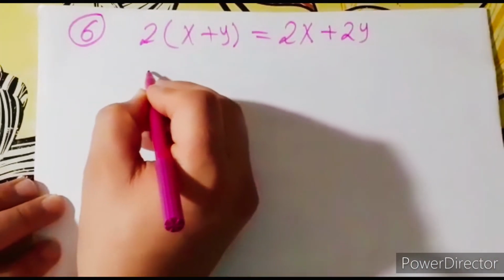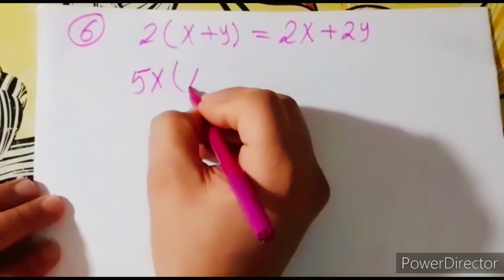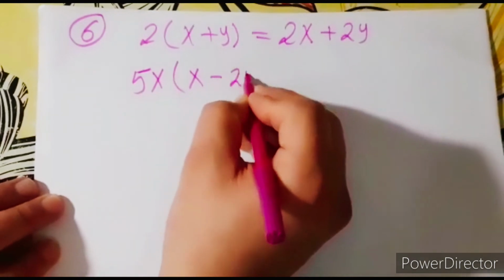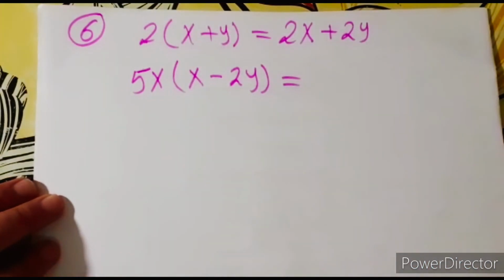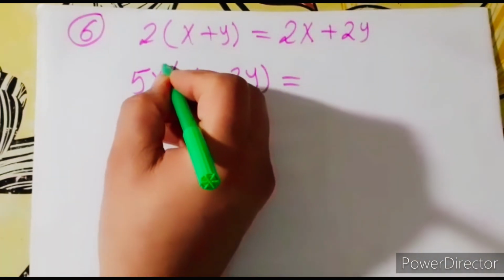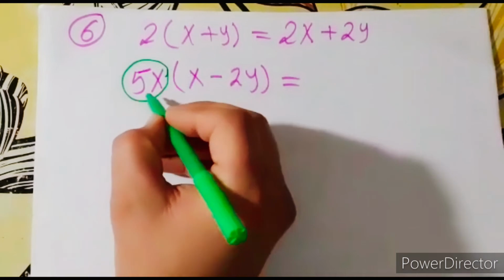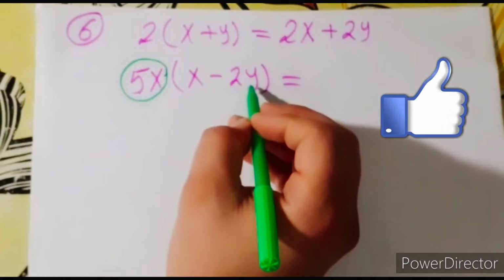Another example, 5x by x minus 2y. How can we find the result of this expression? We distribute this term 5x to the two terms in the bracket.